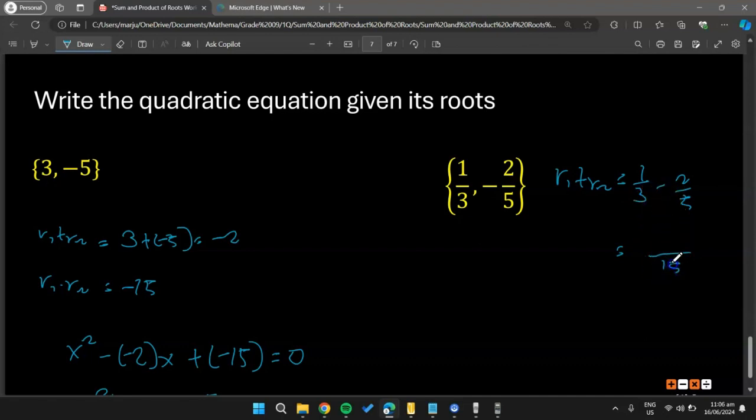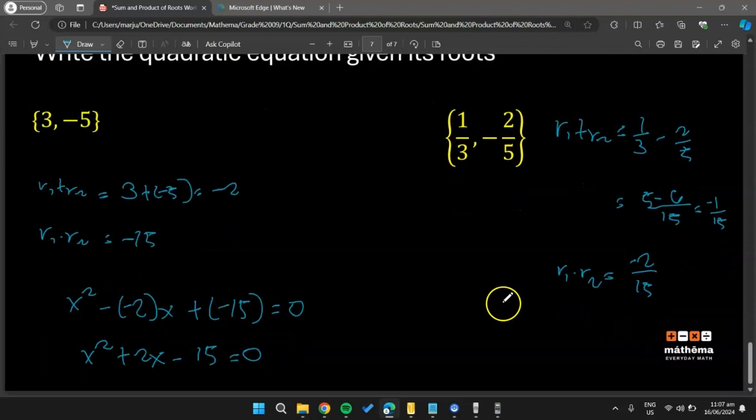So 15, this will become 5 minus 6. So this is just equal to negative 1 over 15. Alright? And then the product will be root 1 times root 2. This is just equal to negative 2 over 15.